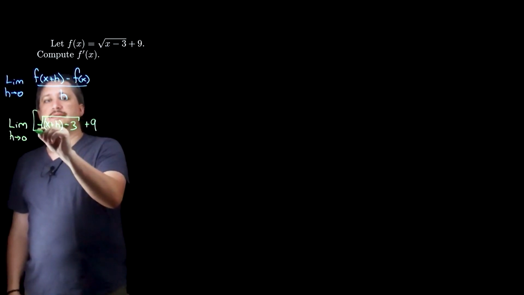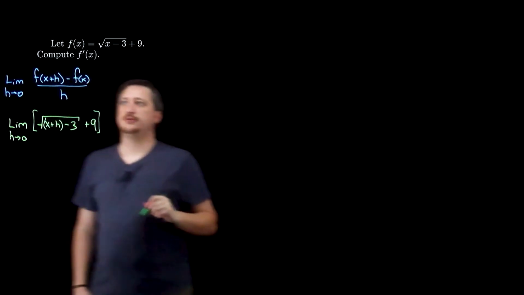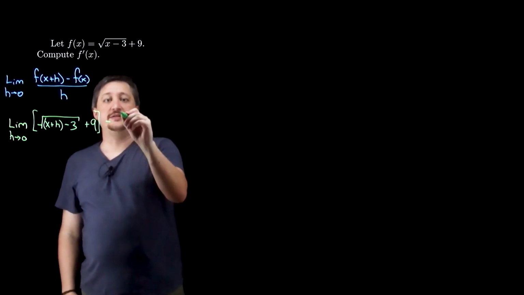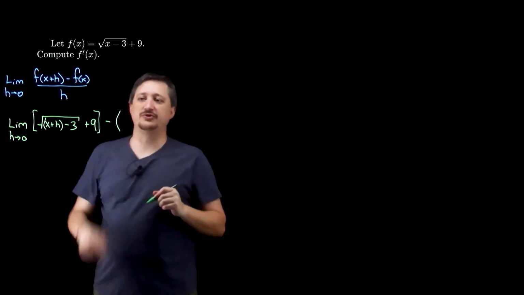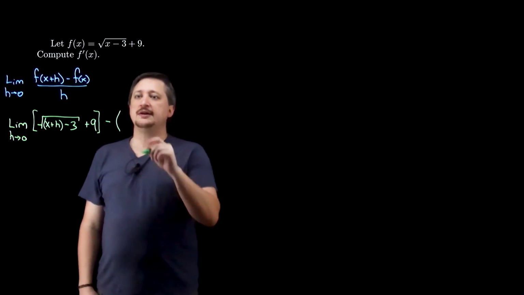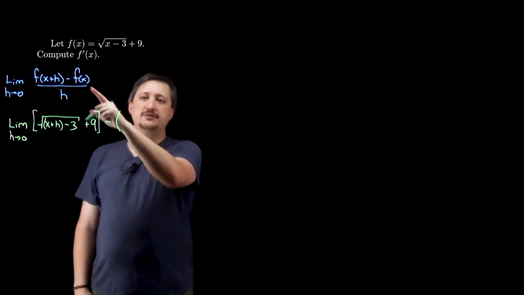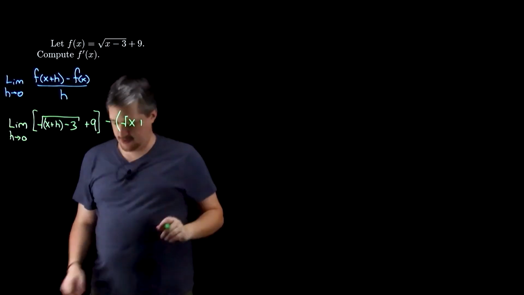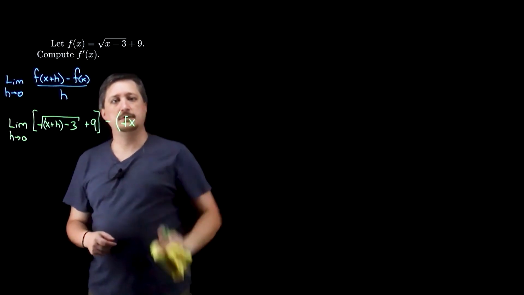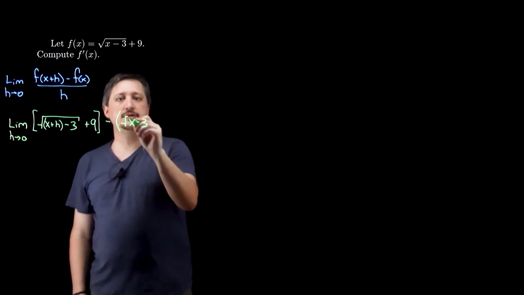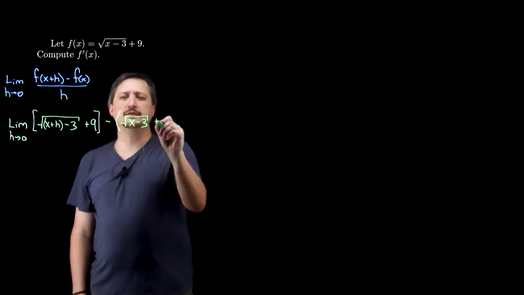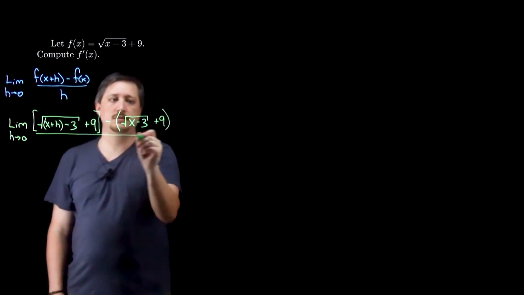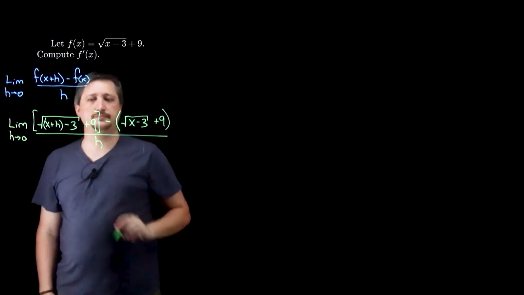And again, these brackets aren't necessary, but I'm doing it to show you where the f of x plus h went. Then minus, and these very much are necessary because I want to make sure to distribute my negative correctly. So now I want just my f of x, so I'm going to have the square root of x minus 3 plus 9 all over h.